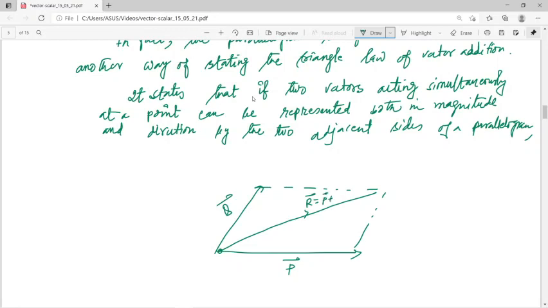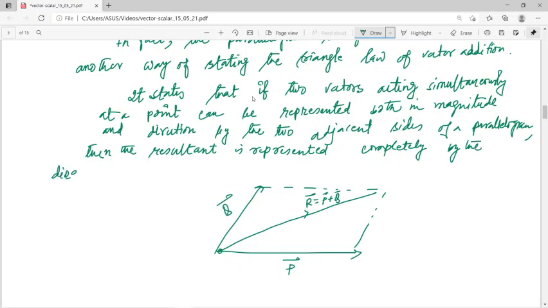That means the diagonal can be represented as P plus Q. So it states that if two vectors acting simultaneously at a point can be represented both in magnitude and direction by the two adjacent sides of a parallelogram, then the resultant is represented completely by the diagonal of the parallelogram passing through that point.